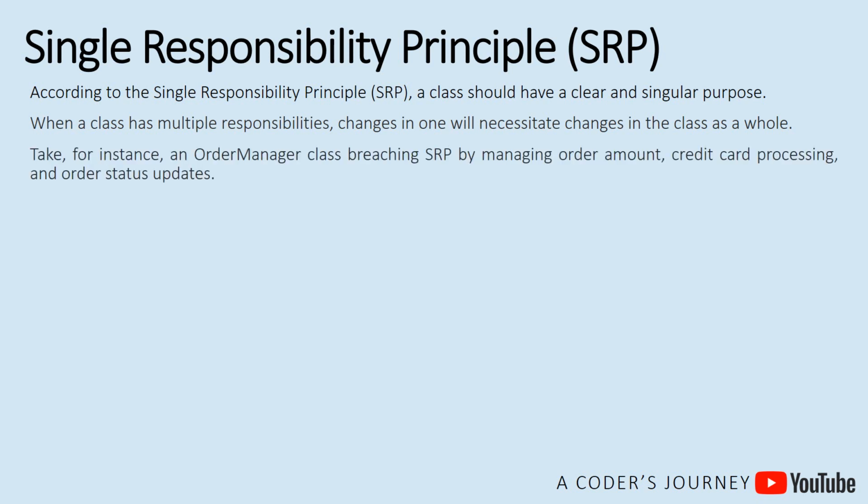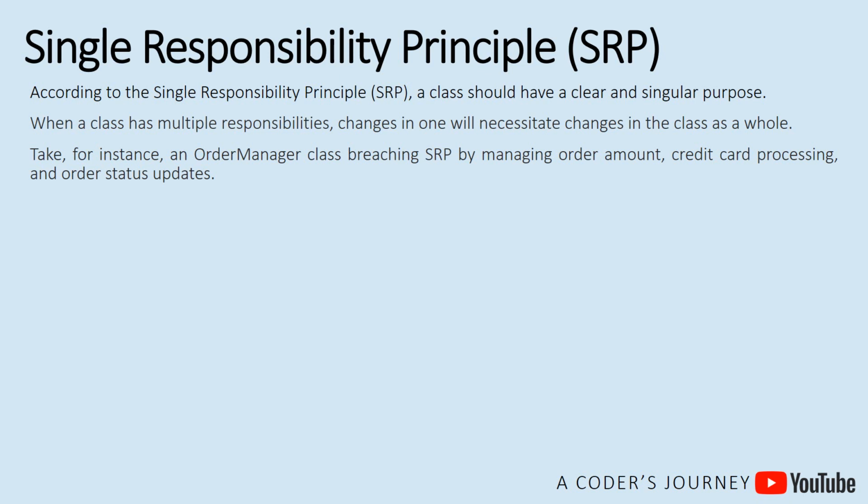So, for example, suppose we have a class called Order Manager, which is breaching SRP. Why? Because it is taking care of different responsibilities. It is managing order amount, it is also managing credit card processing, and it also updates the order status.